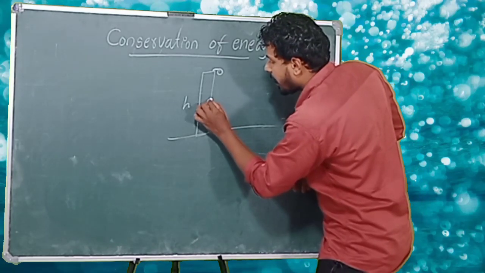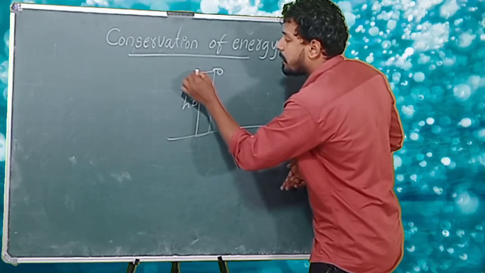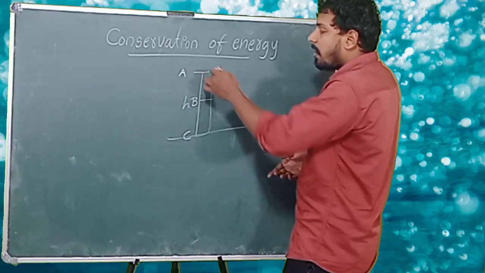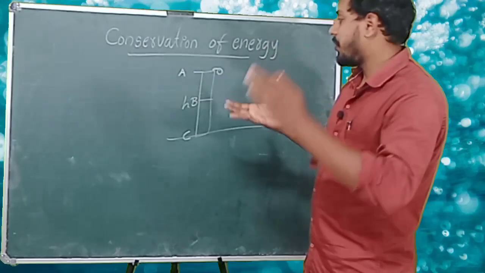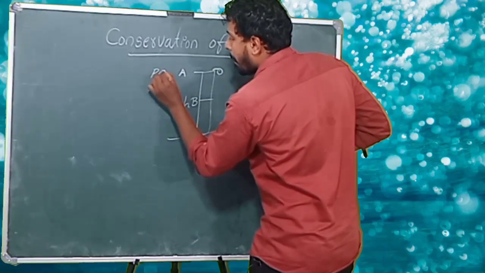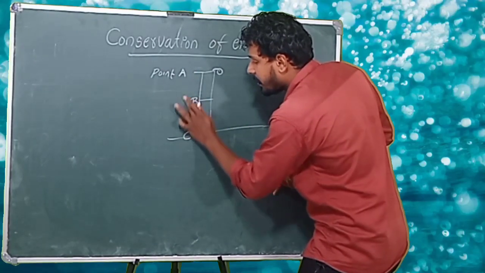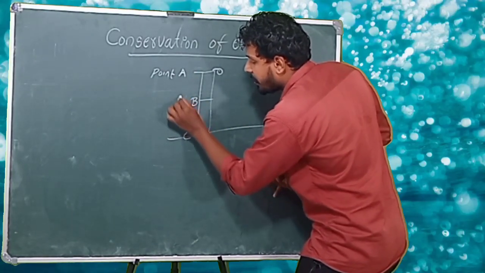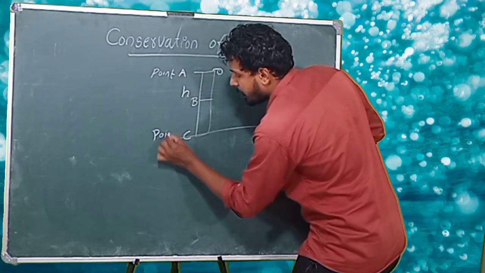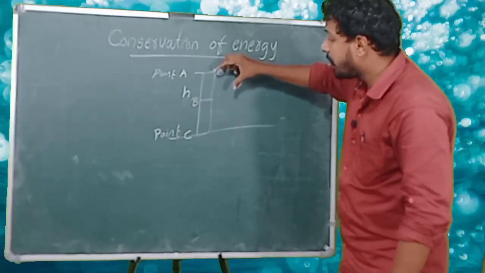Then we are considering another point here, that is point B. This one is point A. This one is point C. We are calculating the total energy of point A, point B, point C. The total height is X. First it is at rest, then we are releasing.